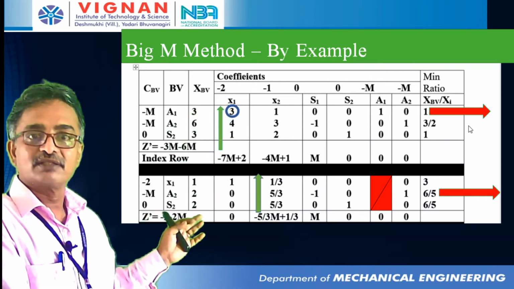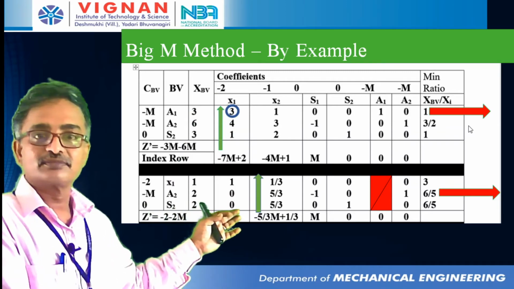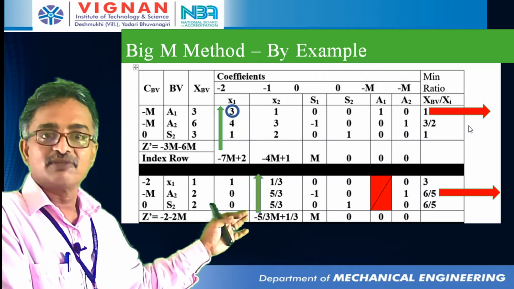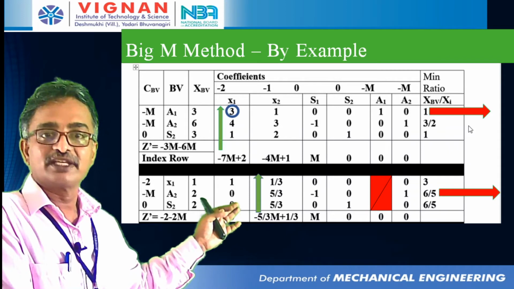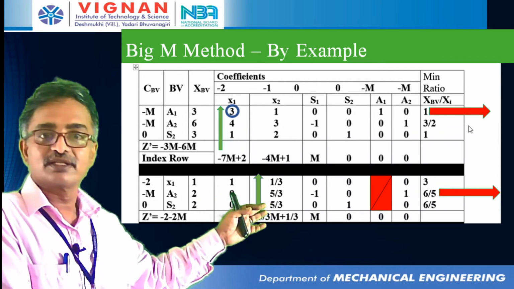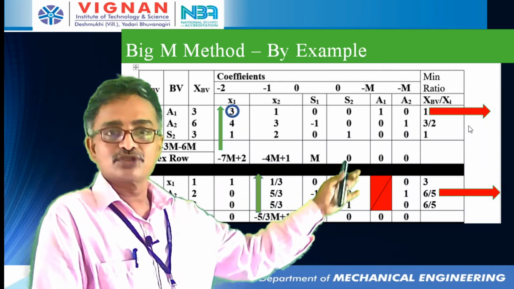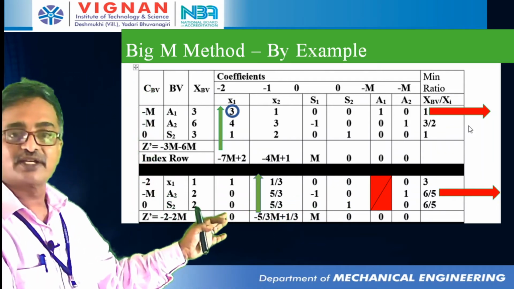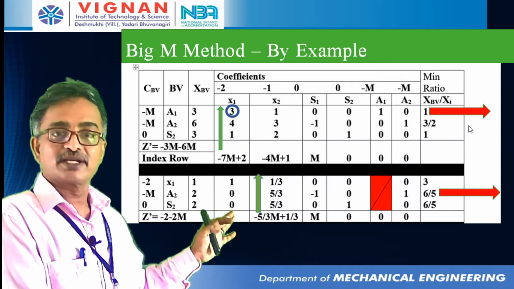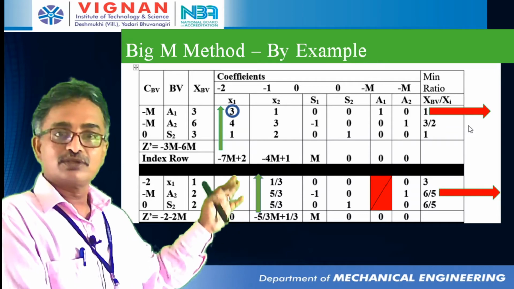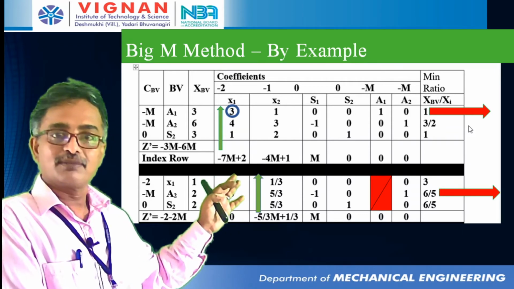So with that we have minus 5 by 3 m plus 1 by 3, 1 by 3, and then m, 0, 0. Now minus 5 by 3 m plus 1 by 3 is the largest negative value, so that is now your key column.